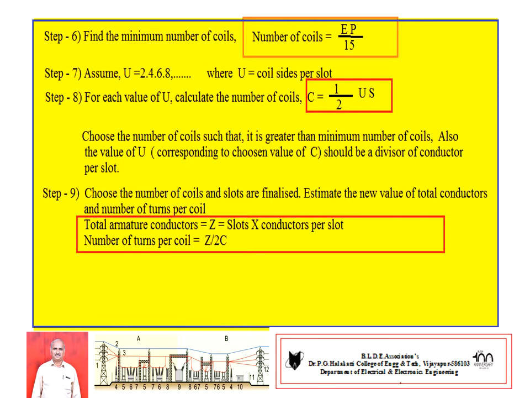Later on, the number of turns per coil. The total number of armature conductors must be equal to Z, where Z equals number of slots into conductors per slot. Number of turns per coil equals Z divided by 2C.